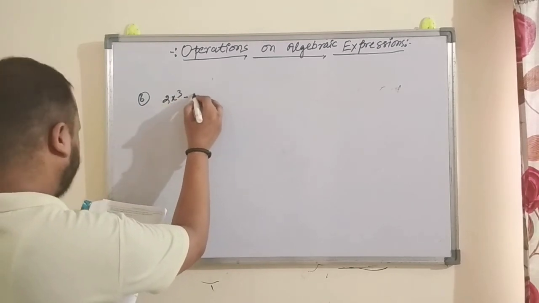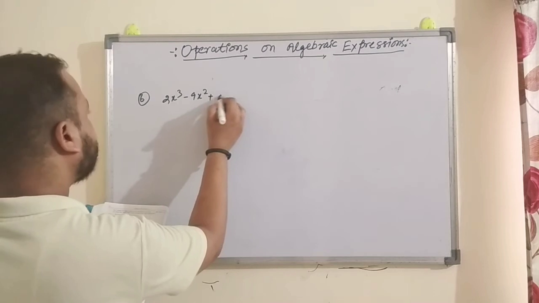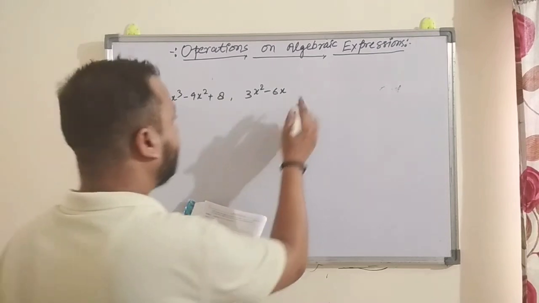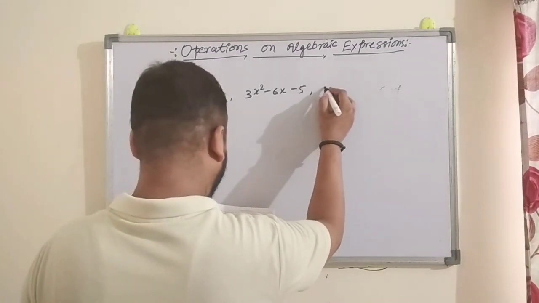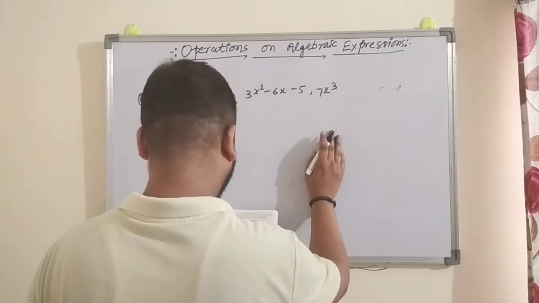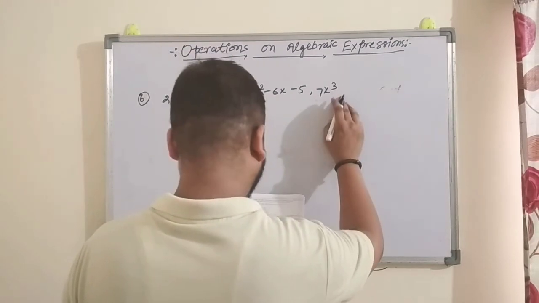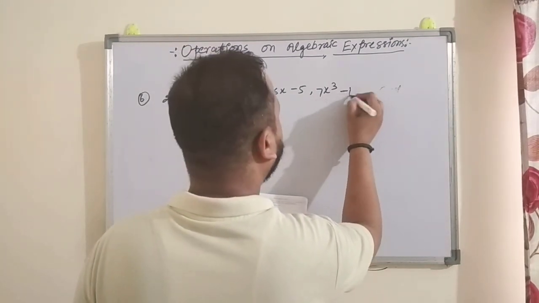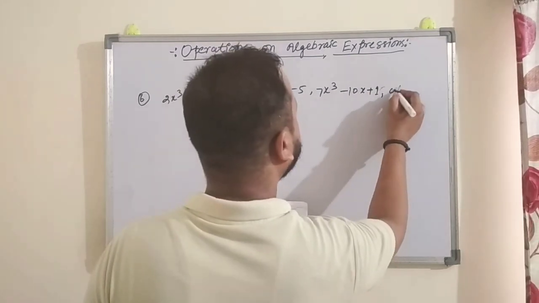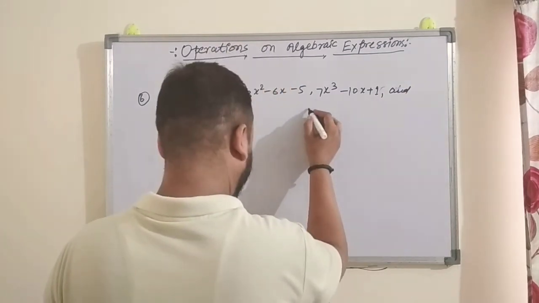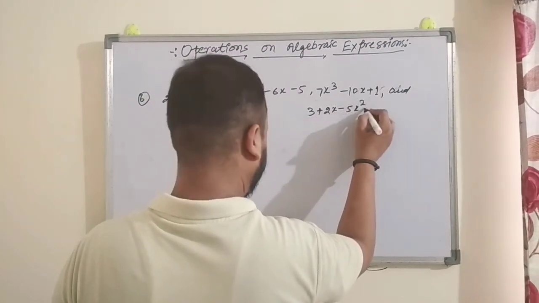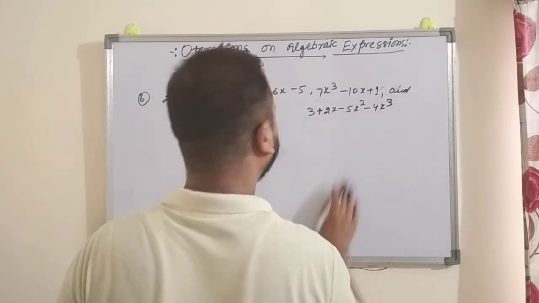2x cube minus 9x square plus 8, 3x square minus 6x minus 5, and 7x cube minus 10x plus 1, and the last is 3 plus 2x minus 5x square minus 4x cube.